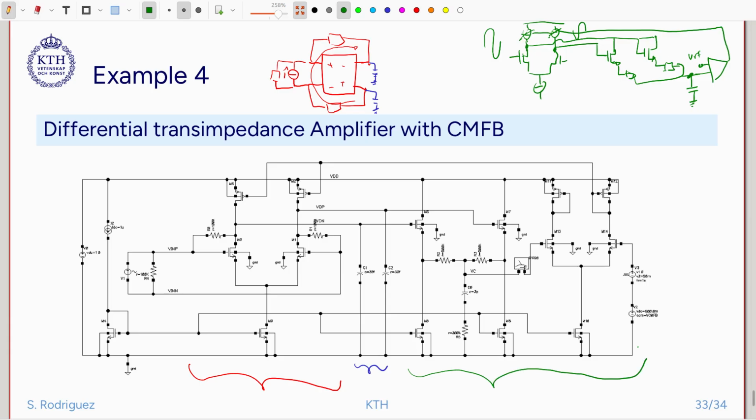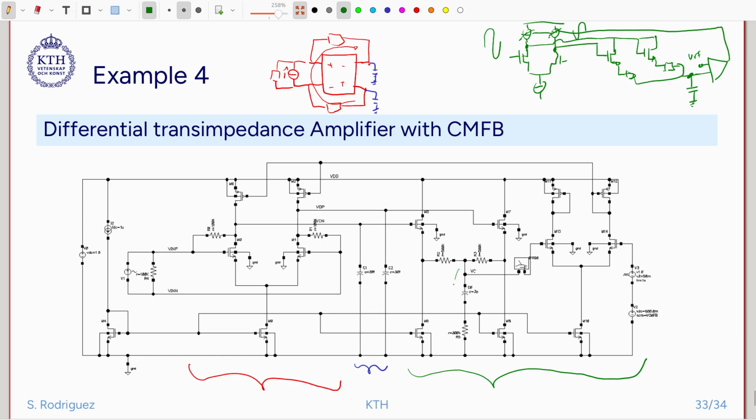In practice, we have to do exactly what we did for the amplifier: put this in small signal and check the stability of the loop, extract the loop gain, etc. If needed, we can use the compensation method that we studied before.